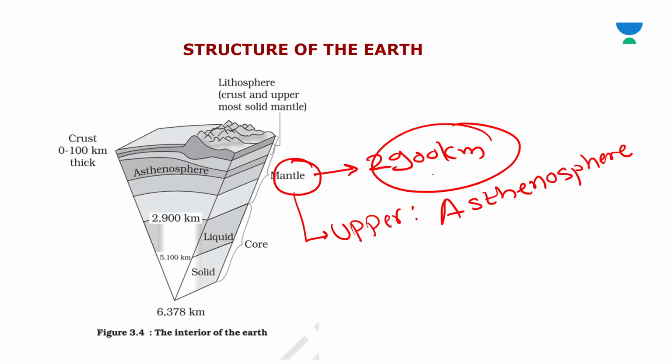Now the material in the upper mantle portion is called magma. Once it starts moving towards the crust or it reaches the surface, it is referred to as lava.